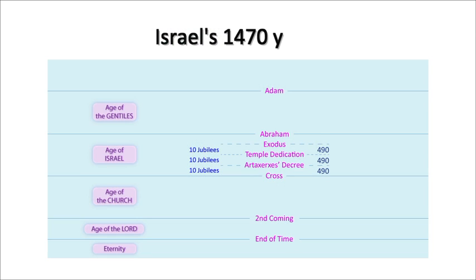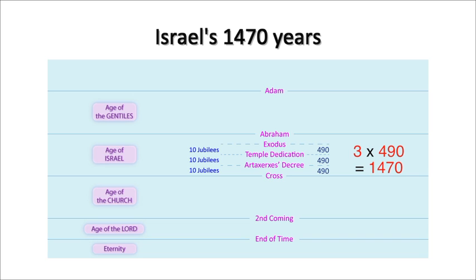And God planned and gave Israel 3 great Jubilee cycles of grace, that is, from the Exodus to the cross. Thus he gave Israel 3 times 490, which is 1,470 years, not counting, of course, the unreckoned time. He gave Israel these 1,470 years before the Messiah comes to take possession.